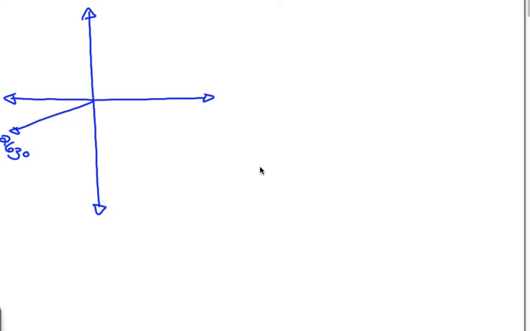So give me a number between 1 and 100. 86. Cassie, give me another angle. 74. So 74, of course, would be going somewhere this way.